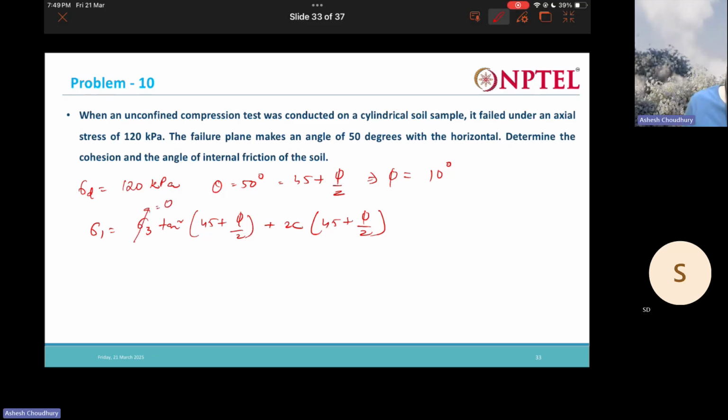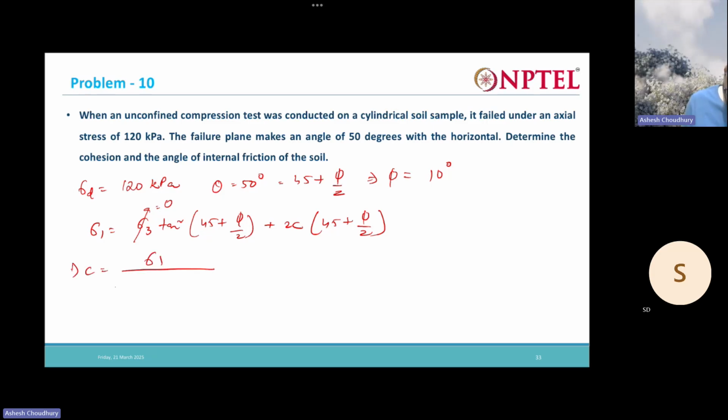Sigma 3 is 0, since it is a UCS test, so c is sigma 1 by 2 tan (45 plus phi/2), that is 120 by 2 tan (45 plus 10/2).